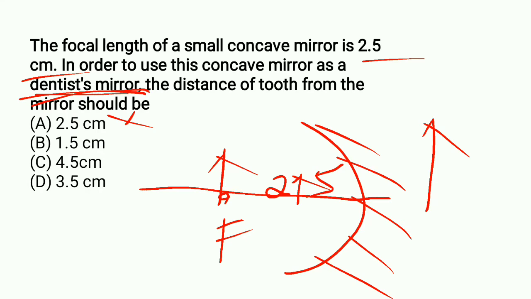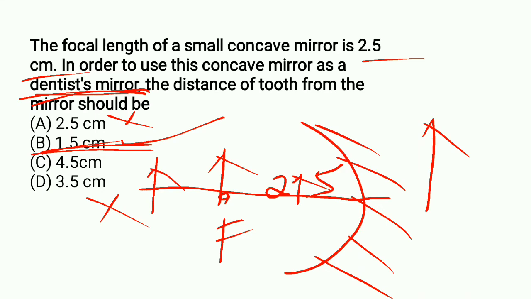So option B is the correct answer. Let's cross check option C also, 4.5 centimeter. If the object is kept at 4.5 centimeter, it cannot be shown enlarged. So option D is also not correct. Only option B is the correct answer.